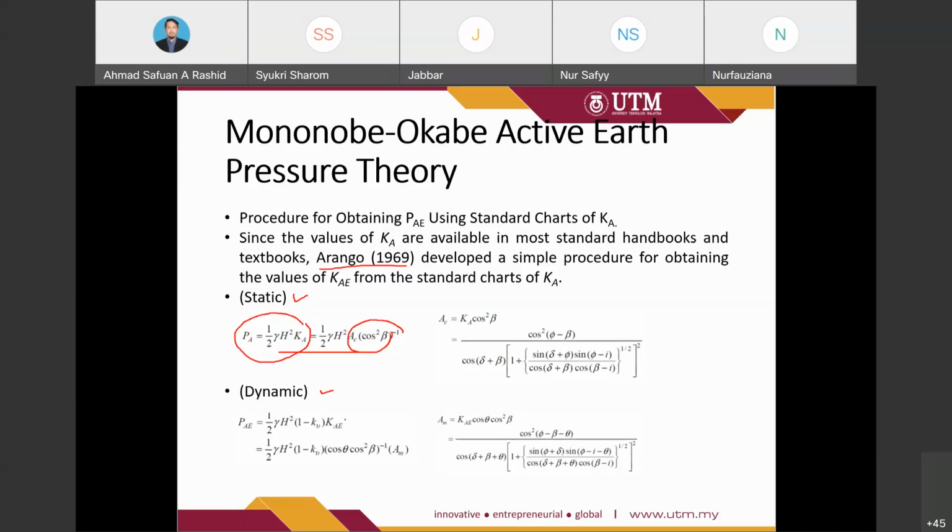Arango also produced this KAE by introducing this equation as well.